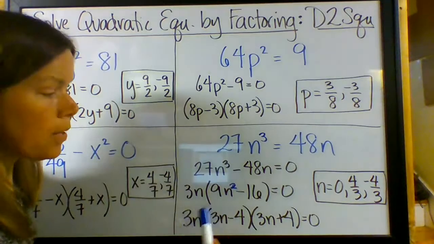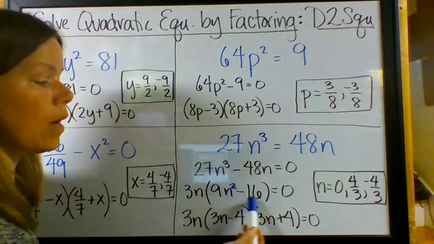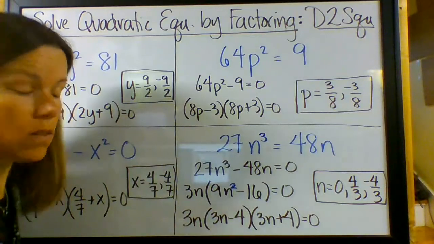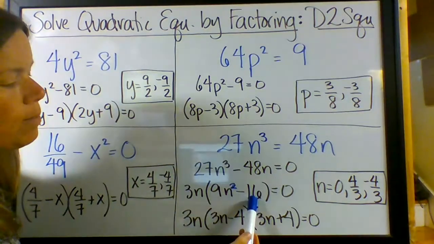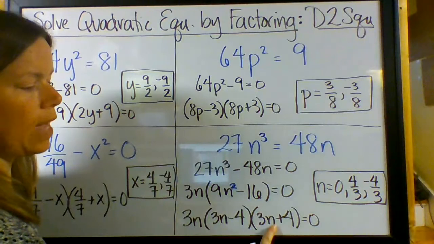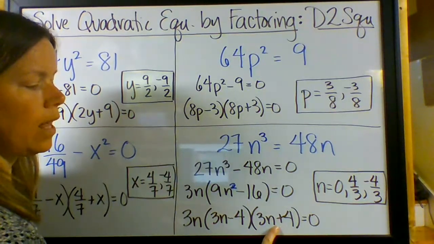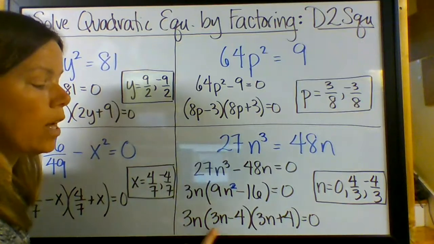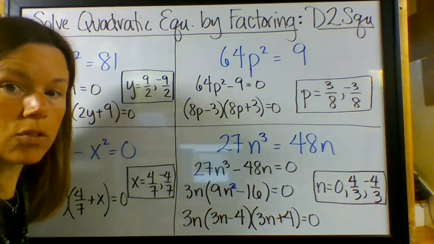Now remember, if I factor completely, I need to look at what is in the parentheses so that I can factor it further if necessary. So I took 9n squared minus 16 and split that into 3n minus 4 and 3n plus 4. Now I have three factors to consider.